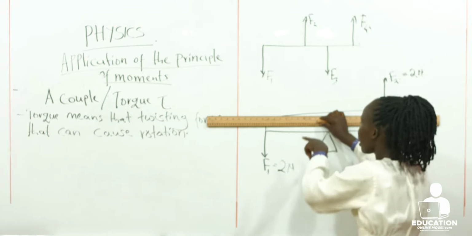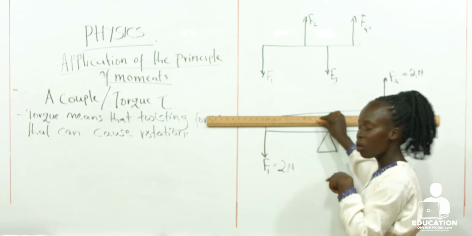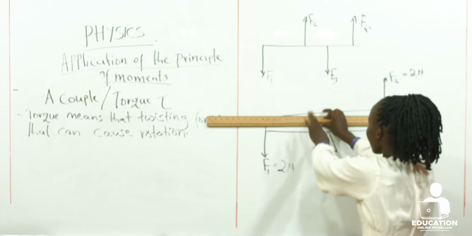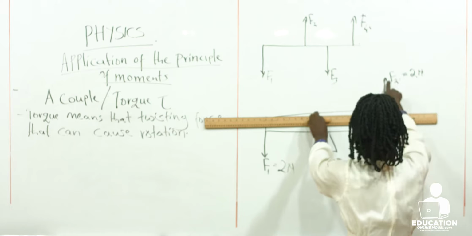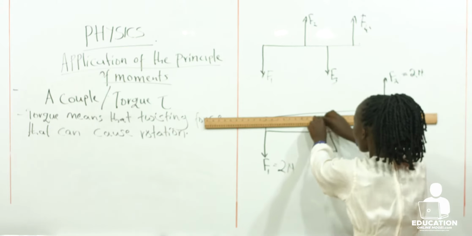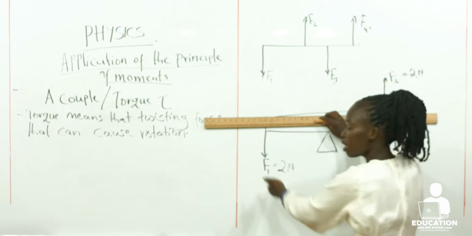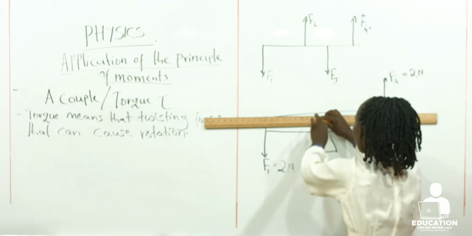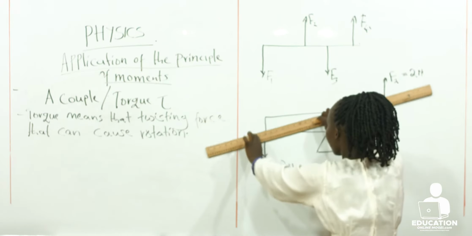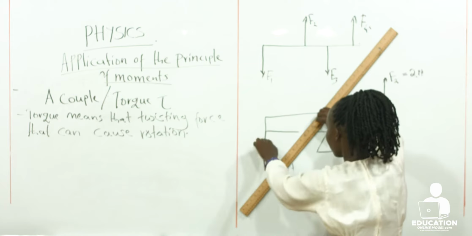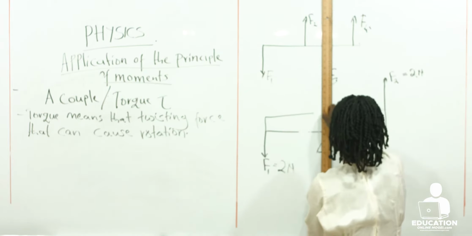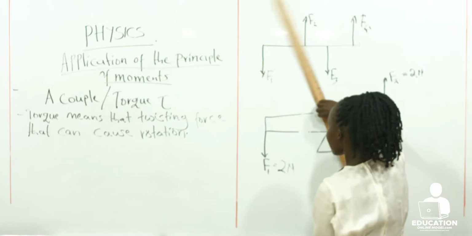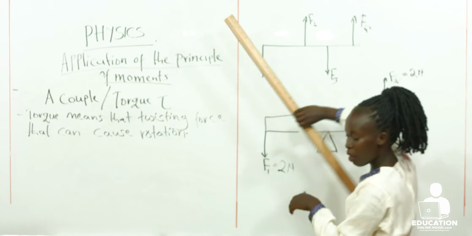You're going to apply a force on our meter rule. You can either choose to apply it this way, pulling it upwards like what I'm saying here, or you can choose to pull it downwards, as long as it gives a rotation. You see this? I am pulling this. You see that our meter rule will be rotating as you're pulling the force.